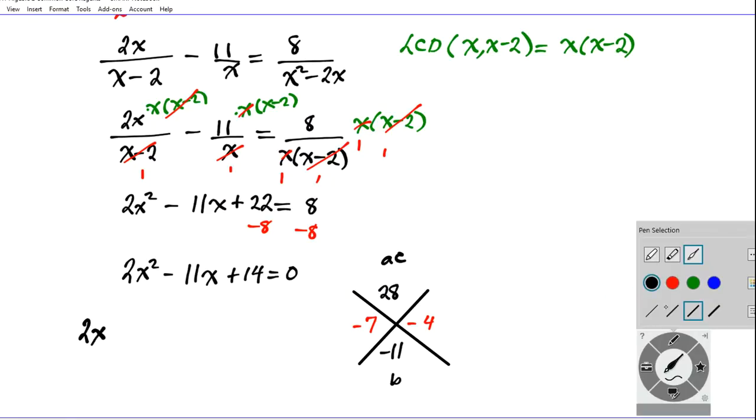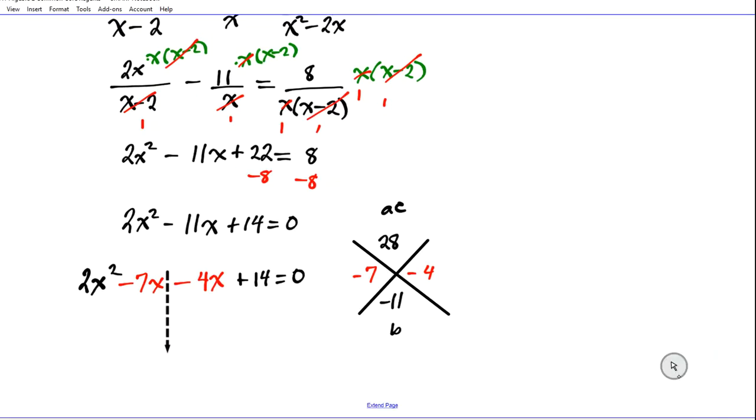So we have 2x squared, and then we're going to insert our two numbers that we came up with, minus 7x minus 4x. This will enable us to factor by grouping, plus 14. All right, so we're going to partition it down the center and factor by grouping, okay?